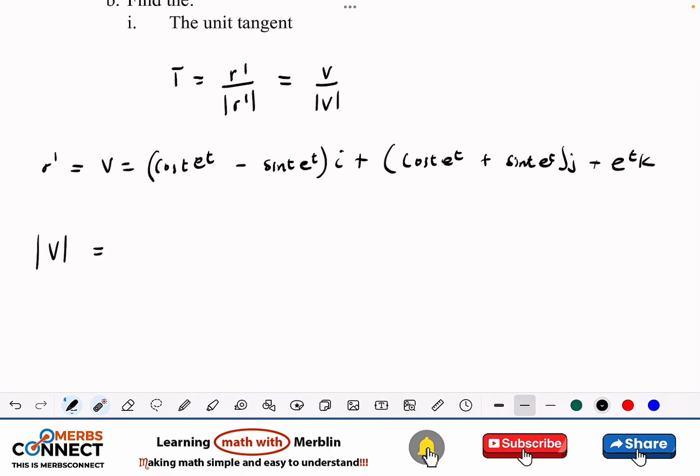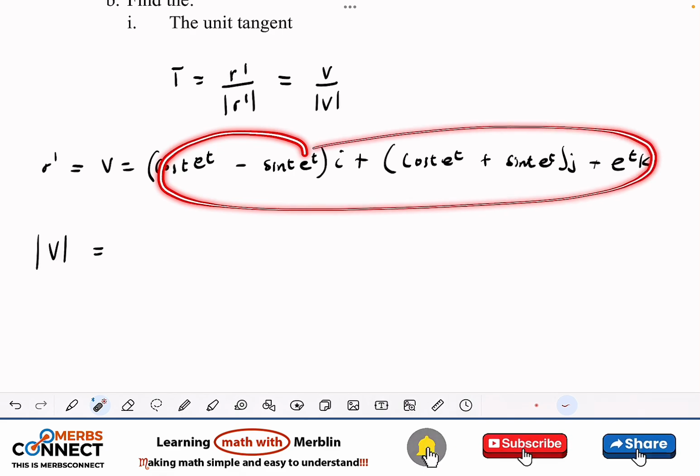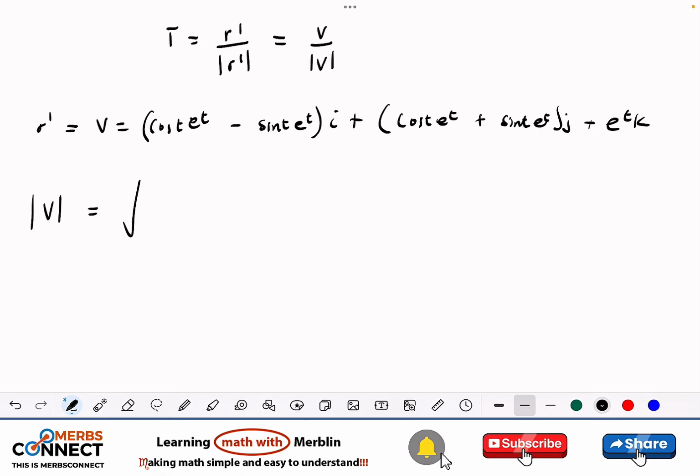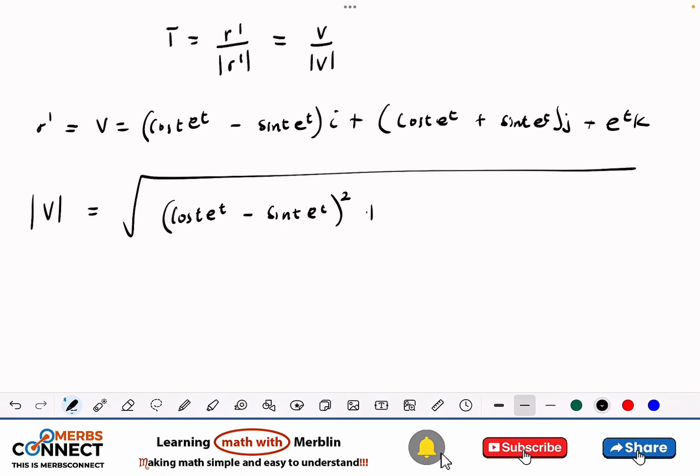I love anytime I'm dealing with this kind of thing. You see that it is going to simplify very nicely, because when you find the magnitude, we are going to have sin squared and stuff, and everything will be simplified. So let's see. This is (cos t e^t minus sin t e^t) all squared plus (cos t e^t plus sin t e^t) all squared plus (e^t) all squared.